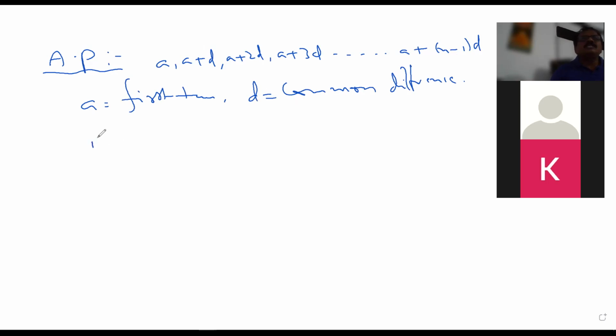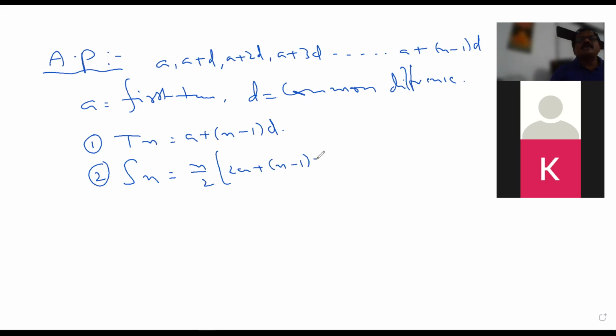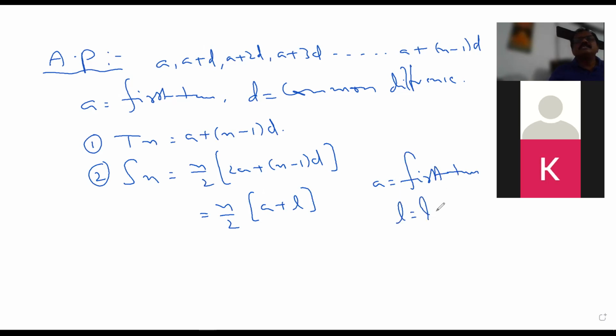Here in arithmetic progression, what is the nth term? Tn is a plus (n minus 1) into d. The formula for Sn is n by 2 into (2a plus (n minus 1) into d), or n by 2 into (a plus l), where a is the first term and l is the last term.